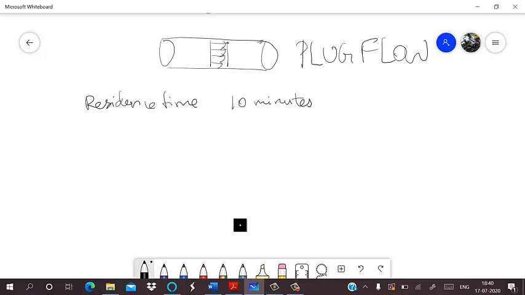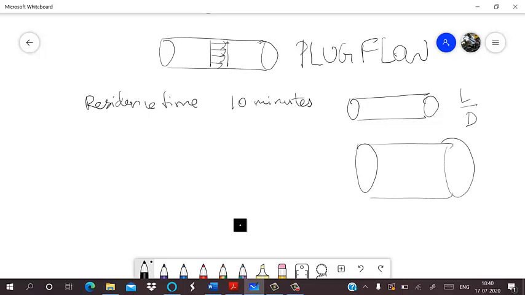And we have one more restriction. For a plug flow pipe, the L by D ratio, we can't go beyond a limit. You can't use a tube that large to maintain a plug flow, because the wall effects are very crucial, right? The wall effects matter. So you can't maintain a plug flow where the L by D ratio exceeds the limit.